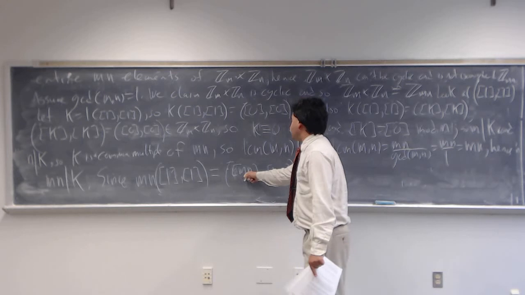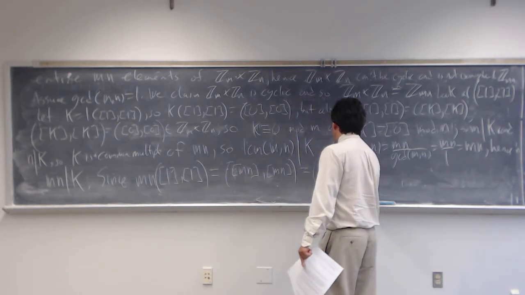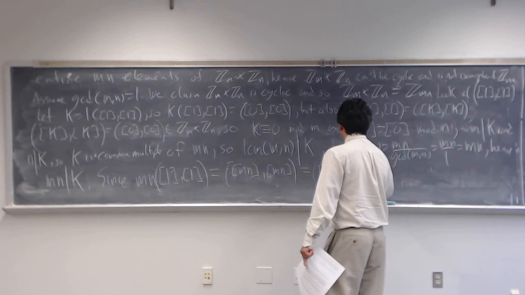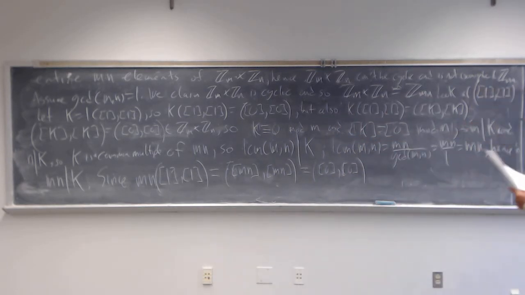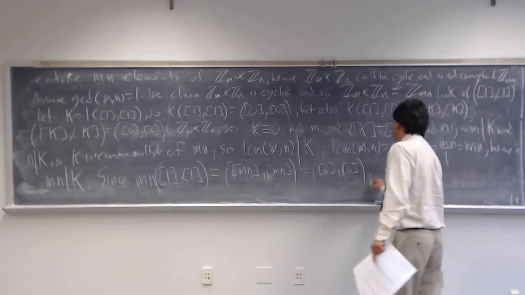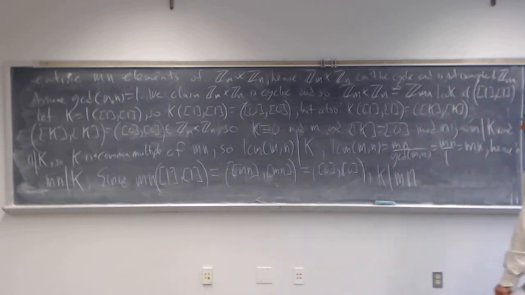But now this component is mod m, so this is 0, and this component is mod n, so that's 0. So this will be all (0, 0). So what does that tell us? That tells us that k has to divide mn, right?